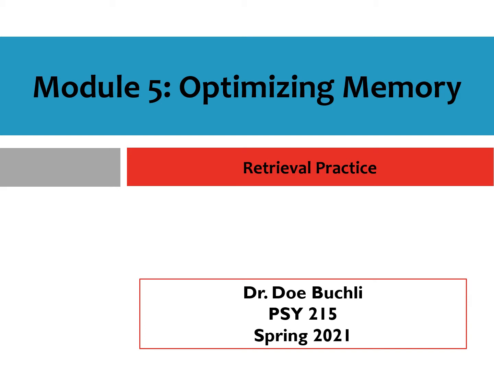I would call all of those processes together optimizing your memory system, or making it most efficient in order for you to successfully learn information.